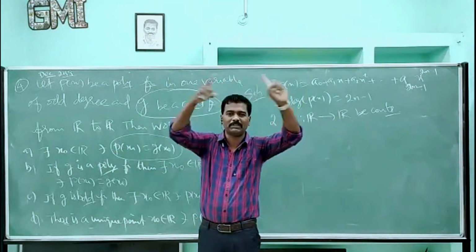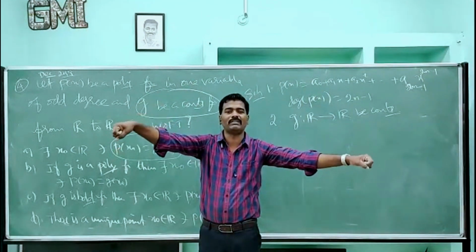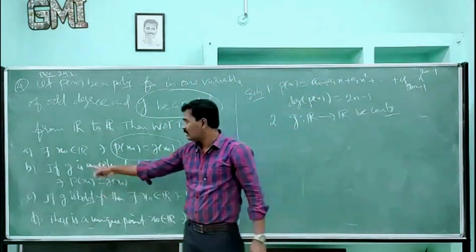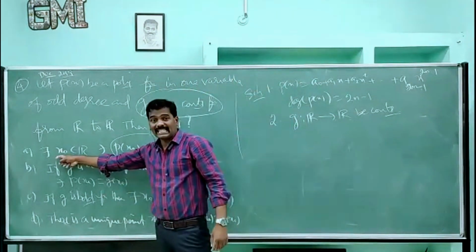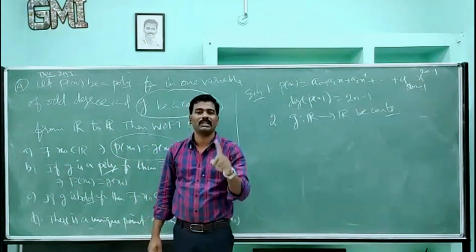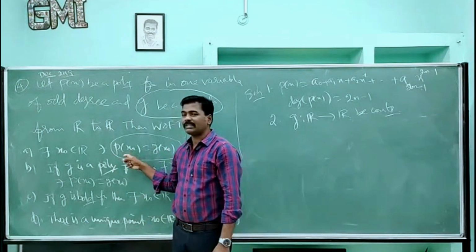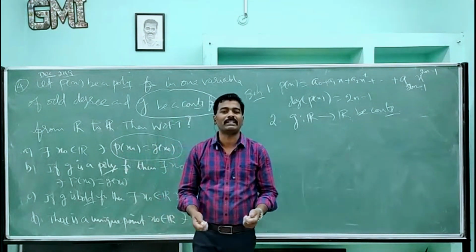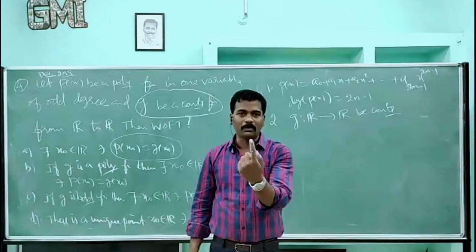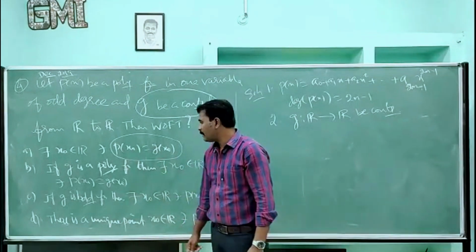That is the meaning: there exists a point where both of them intersect. So P of x and G of x always have to intersect at least one time. That is the meaning of P of x naught equals G of x naught: both have the same output at at least one point. That is the first option.